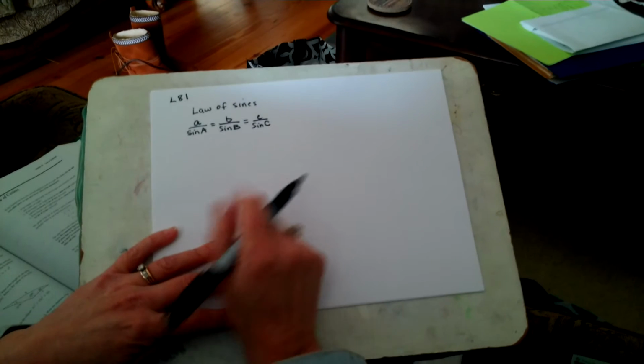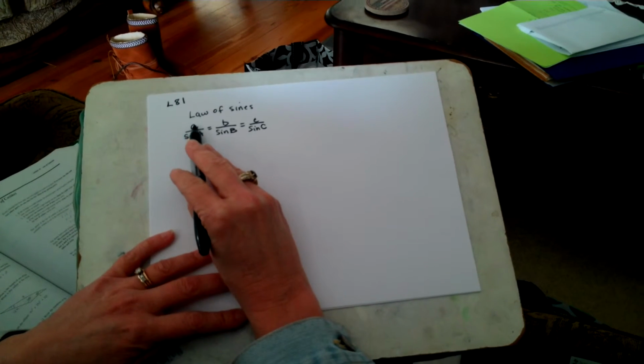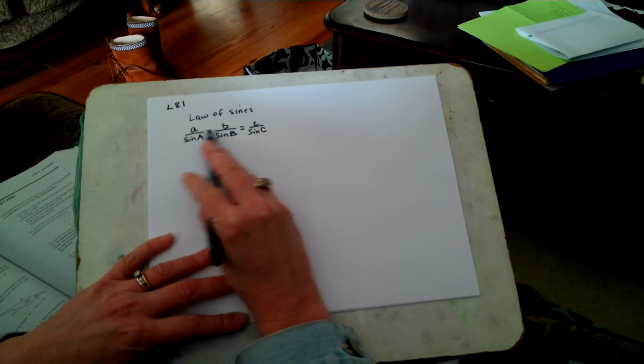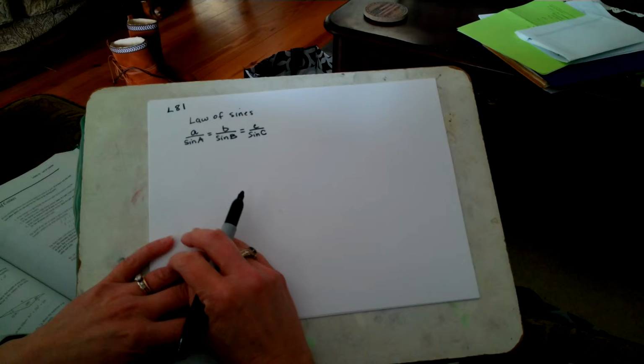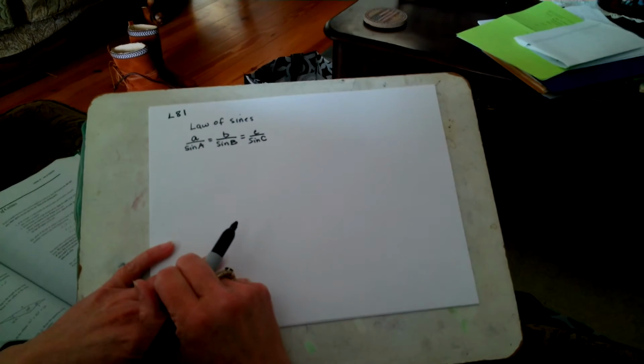So we've been using this. If I know angle A and the side opposite it, I can calculate this ratio, and that ratio has to be maintained with the other two sets of sides and angles.